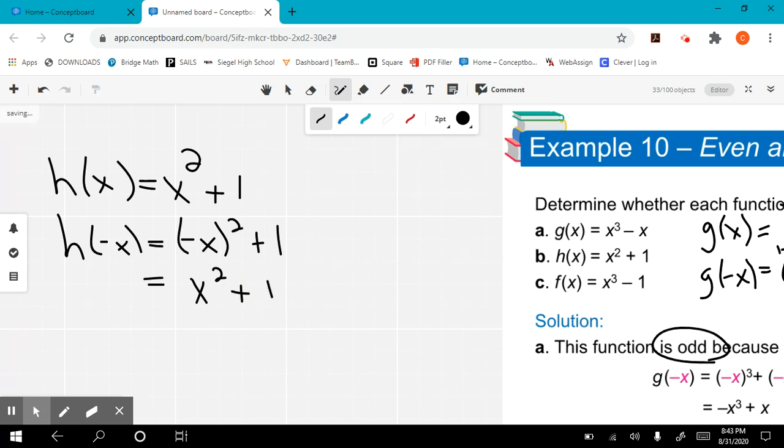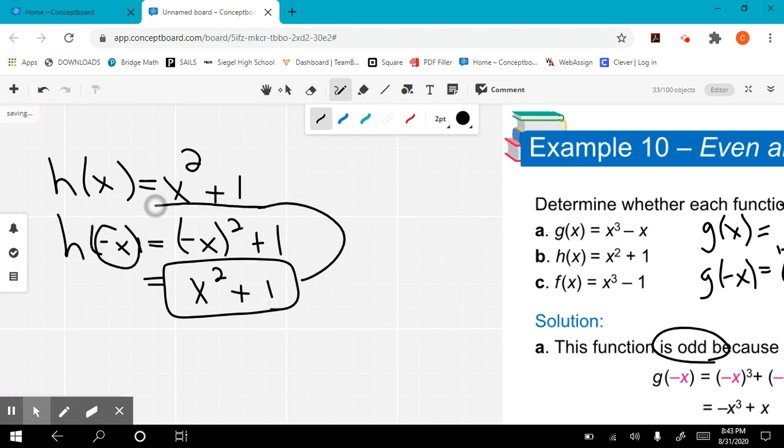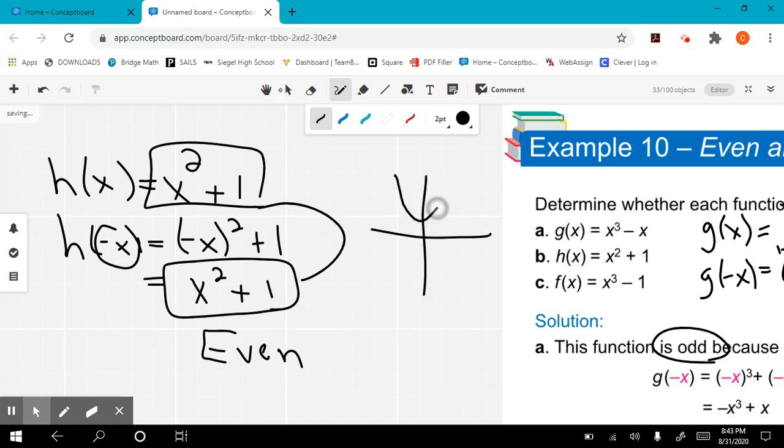So it simplifies to x squared plus 1. So when I substituted in negative x, I ended up with the exact same thing I started with. And this is going to make that one even. All right. If I were to look at the graph, this would basically be a parabola kind of like this right here, right? We can tell by the graph that's even. All right.